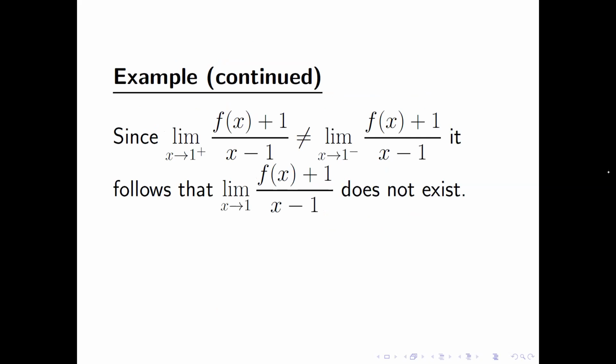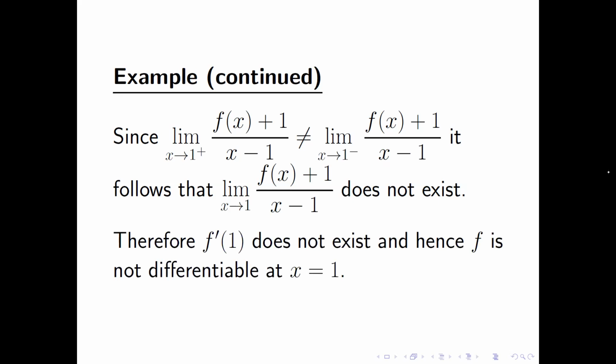Since the left and the right limits of this function do not give us the same value, we conclude that it is not differentiable at that point. At the point x equal to 1, this function is not differentiable.